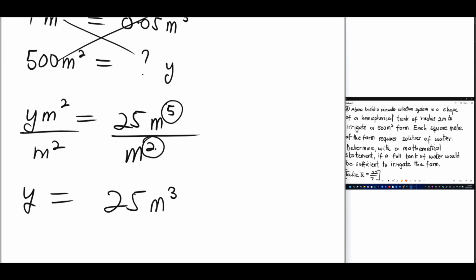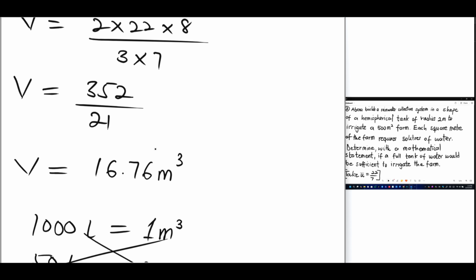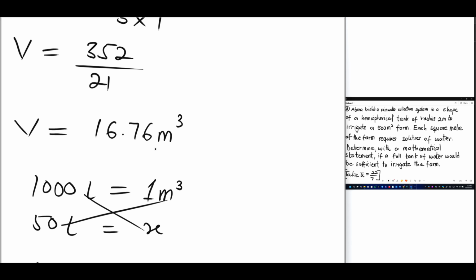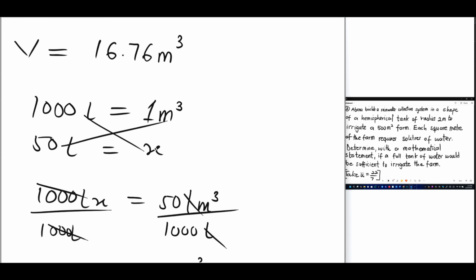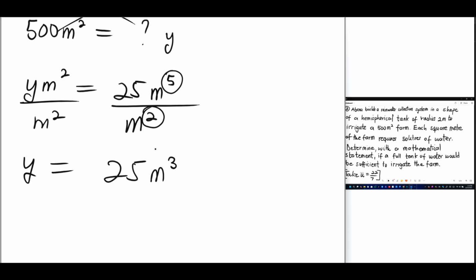But when you look at the volume of the water that we got here, it's not up to 25 cubic meter of water. So we conclude that the water will not be sufficient to irrigate the farm.